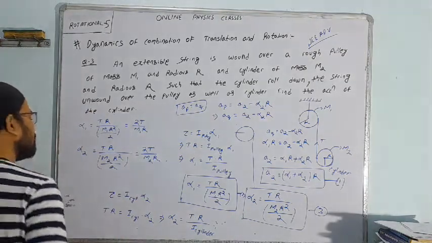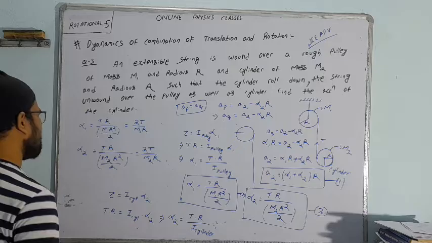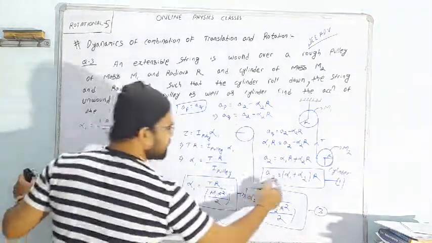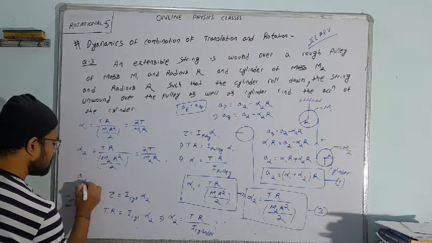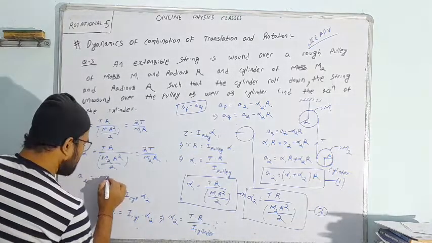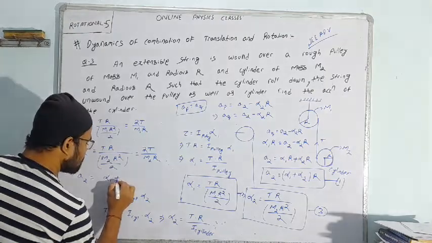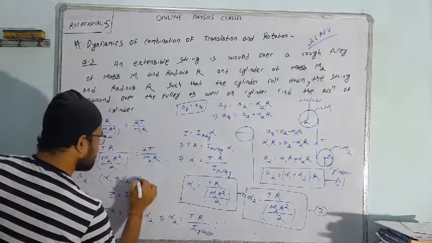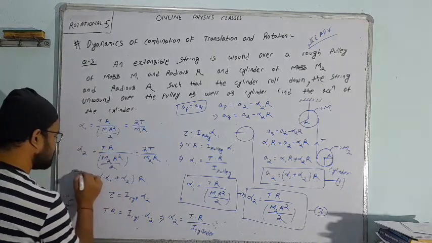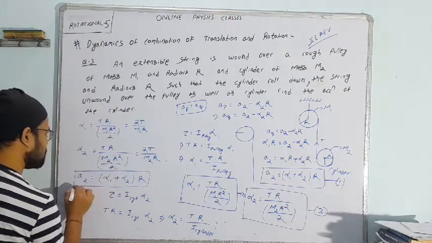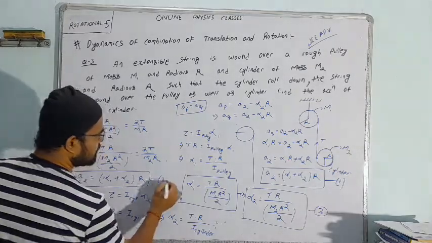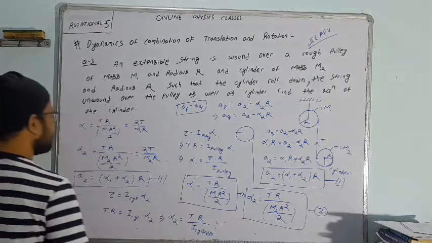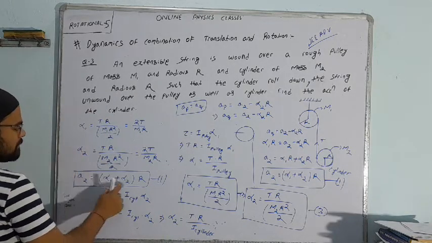And another equation is that A2 should be equal to alpha 1 plus alpha 2 into r. This is another equation. This is equation 1. We get alpha 1 and alpha 2.